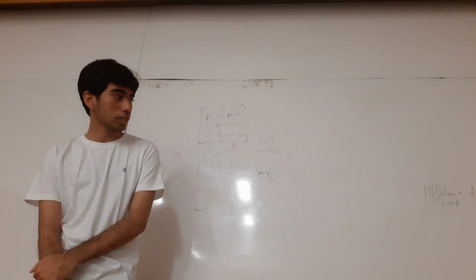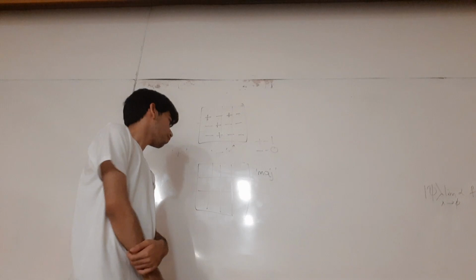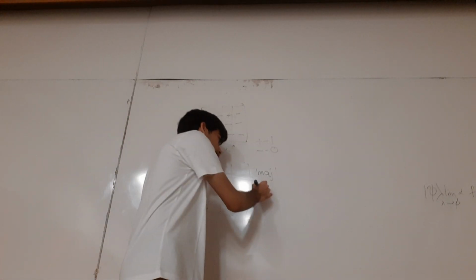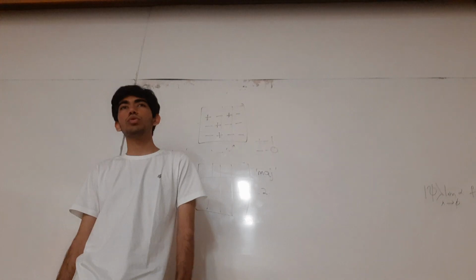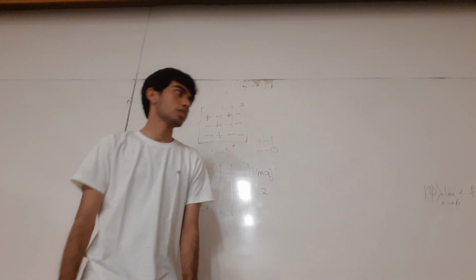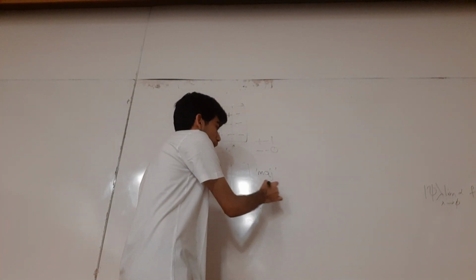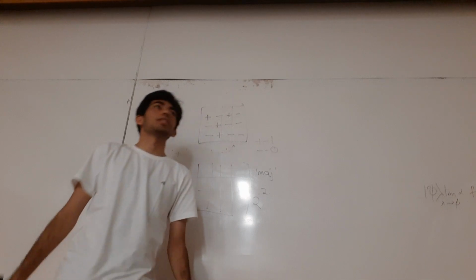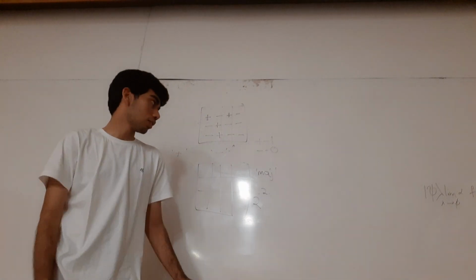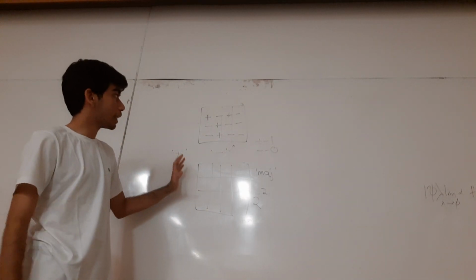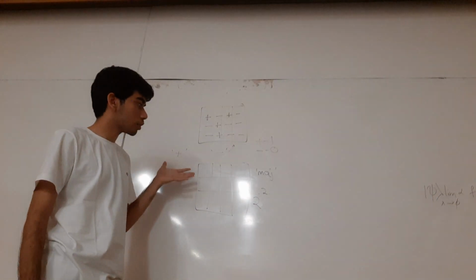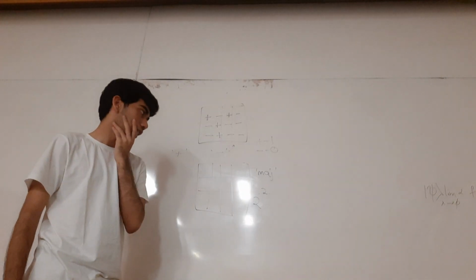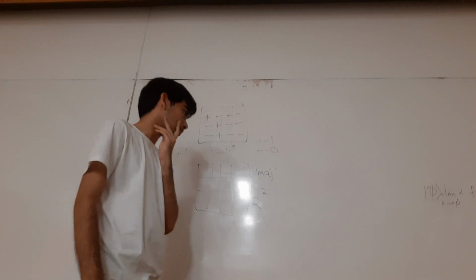My thought process is that if I have a 12 element grid and each of these 12 elements can occupy 2 states, then I get 2 to the power of 12 possible combinations of what this box could be. So this is an empty box which could have 2 raised to 12 states possibly.